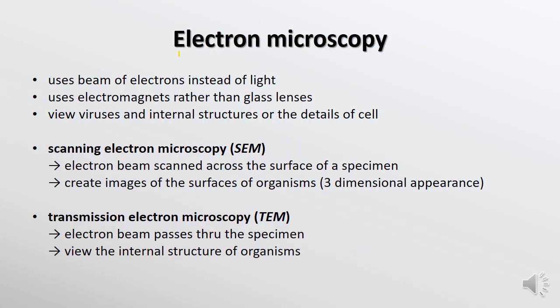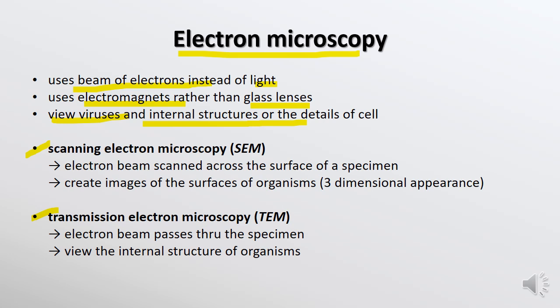Let's move on to the electron microscope. The electron microscope uses a beam of electrons instead of light, and it uses electromagnetic lenses rather than the glass lenses in the light microscope. Usually the electron microscope is used to view viruses and the internal structures or details of cells. It can be divided into the scanning electron microscope and the transmission electron microscope.